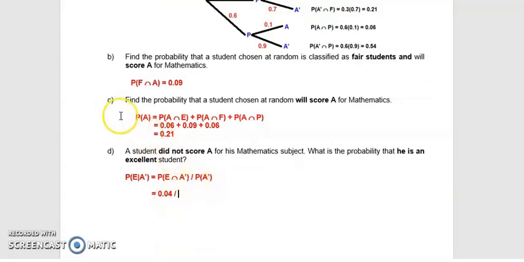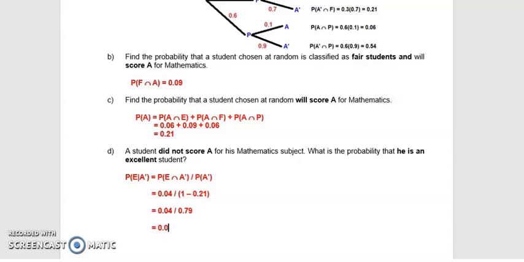From question C, we know that the probability of A is 0.21. A prime is the complement of A, so simply here you apply the complement rule. So 1 minus 0.21, then you will get the probability for A prime. So here 0.04 divided by 0.79.